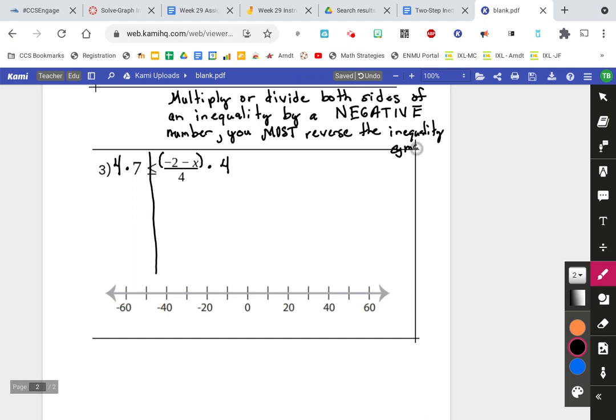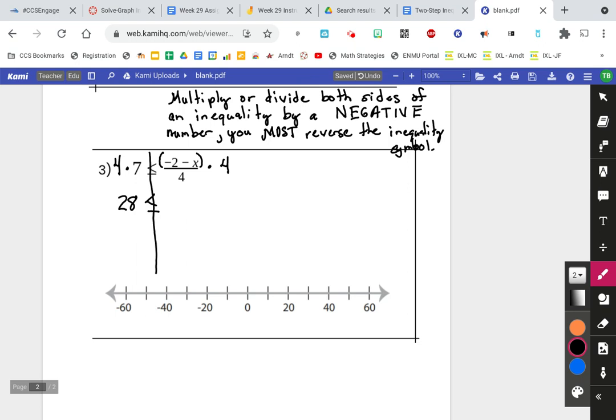So, yeah, we just multiplied both sides of the inequality, but that's a positive number. So that does not meet that qualification. So we do not need to reverse the symbol. So that symbol should stay as is. Anyway, 4 times 7 is 28.